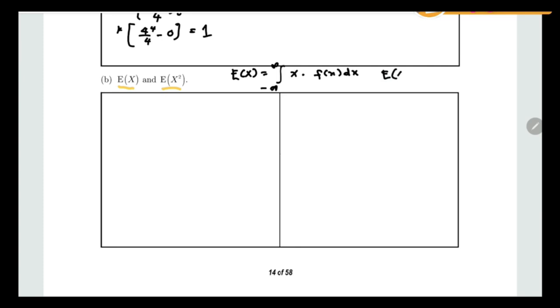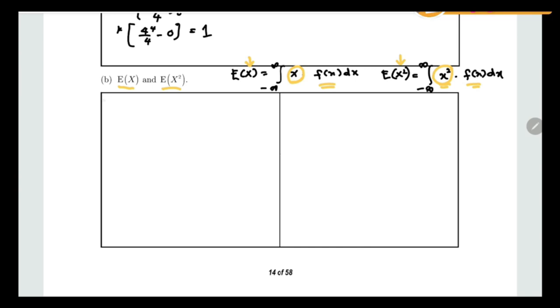To find the expected value of x squared, it should be the integration of x squared multiplied with f(x) dx from the lowest to the uppermost limit. The thing to highlight here is that for the expected value of x, we need to multiply by x. Just remember that we need to multiply x with f(x) before we integrate. For the expected value of x squared, we have to multiply x squared with the function f(x). We need to simplify it first and then we integrate.